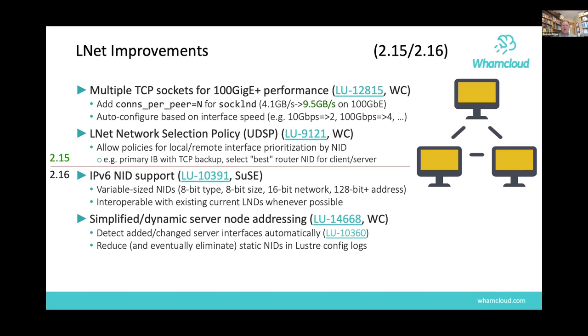Addressing support and a lot of the data structures internally are already converted over, but the external configuration of IPv6 peers through Lustre and normal configuration logs still needs to be done.